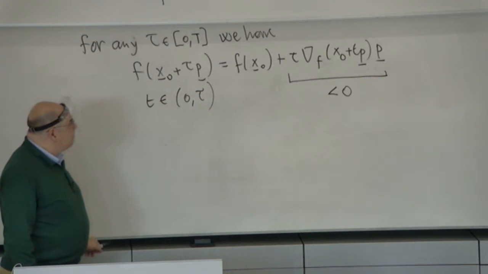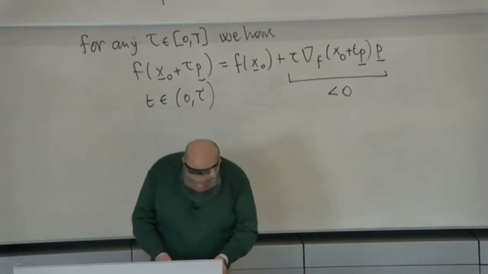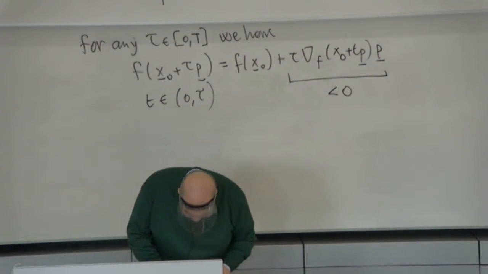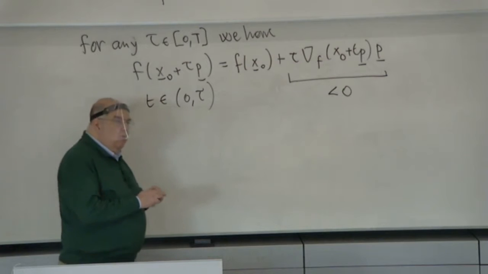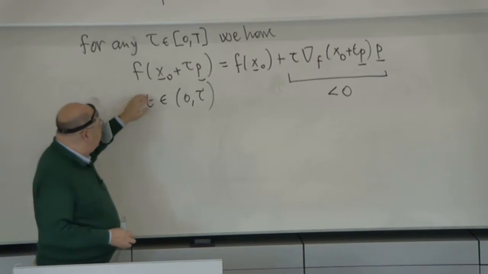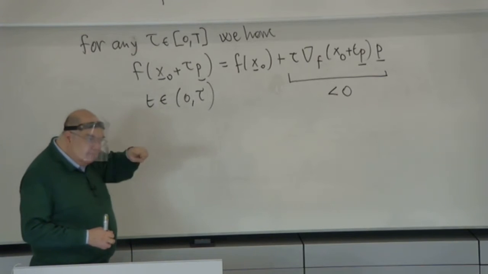Now you see why we need x0 to be an interior point, because we don't know where the gradient is pointing.